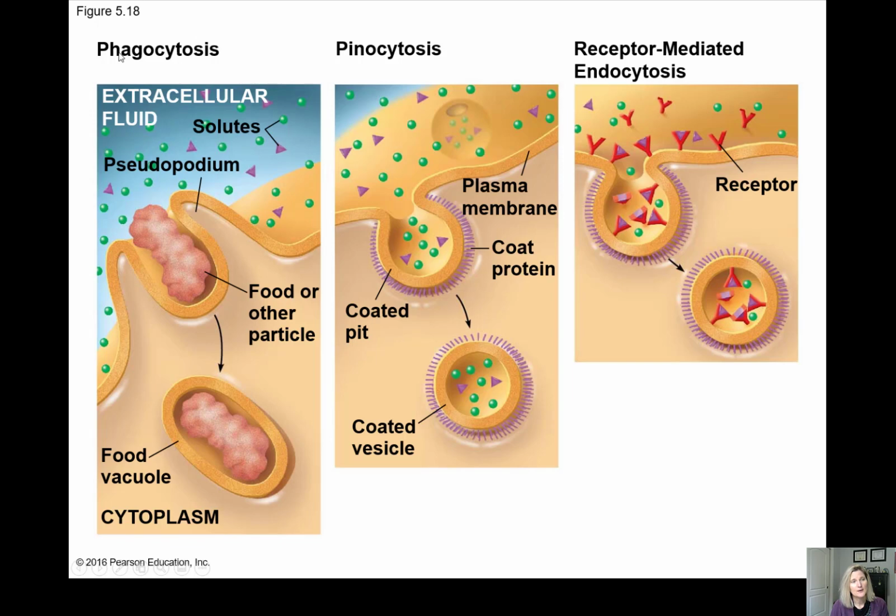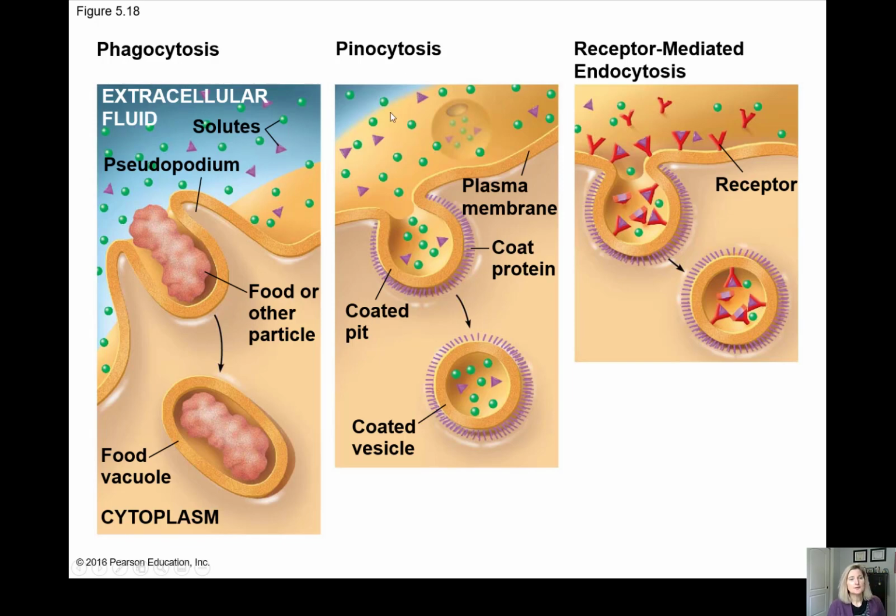So phago, think like eating. And we're going to bring that inside. We saw in the Amoeba Sisters video how these unicellular protists, these amoebas, can actually do that. They extend their pseudopods, because they're a single-celled organism, until they envelop that food item and bring it into the cell's interior. So that's called phagocytosis.